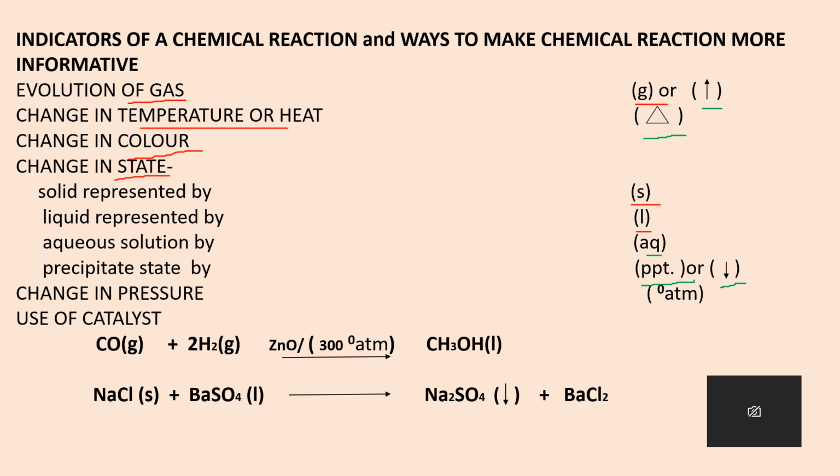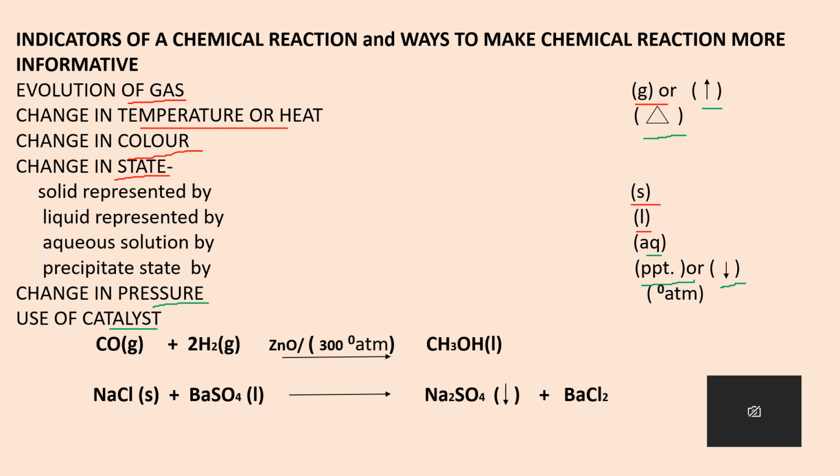There are some other ways by which we can make the chemical reaction more informative. This is by writing the pressure and the catalyst on the reaction. Pressure can be mentioned by writing it on or below the arrow of the reaction.